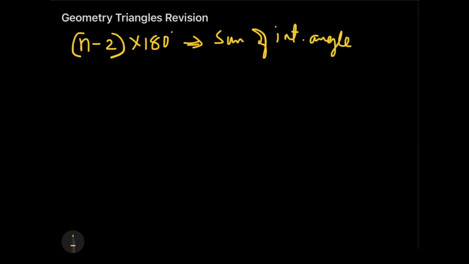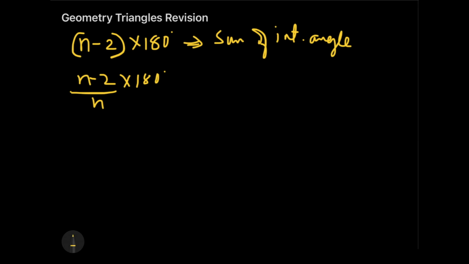Now, if they ask you to find the value of each interior angle in case we have a regular polygon. Now, what's a regular polygon? A polygon with all sides equal is called a regular polygon. So, one angle will be equal to the same value divided by n, correct? Because of course, there are n number of sides, every side is equal, so divided by n.